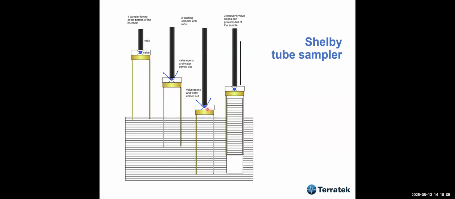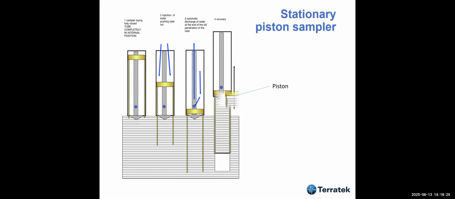And when you finish pushing the sampler, this ball valve closes, and then you recover the sample with the valve closed, okay? This is the standard procedure to get samples.